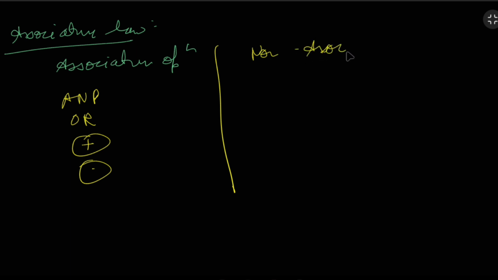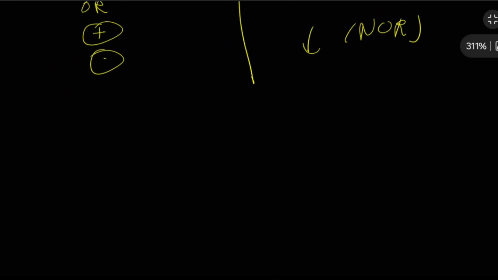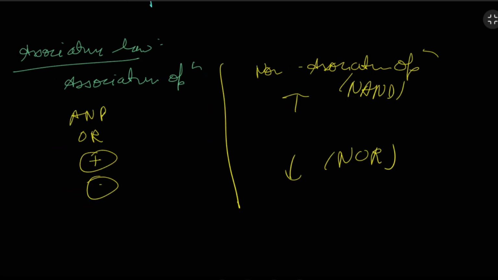Non-associative operations are NAND and NOR. You can try this as your homework, or you can try it by yourself.